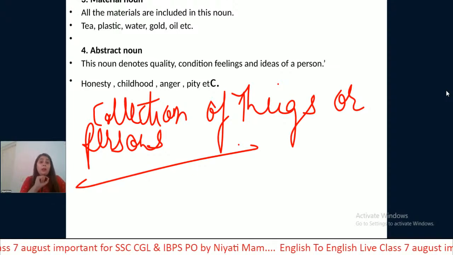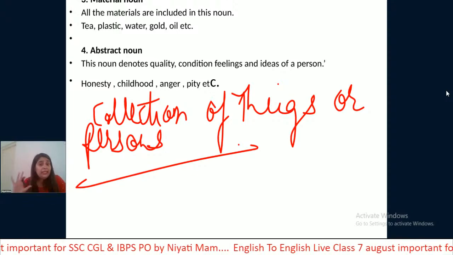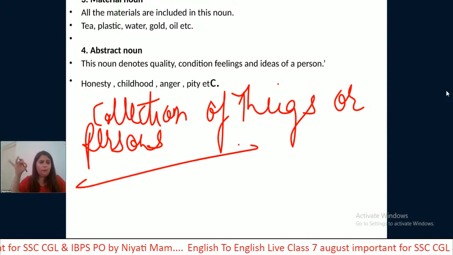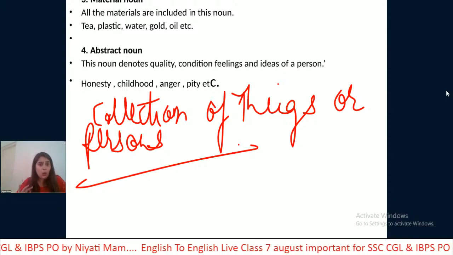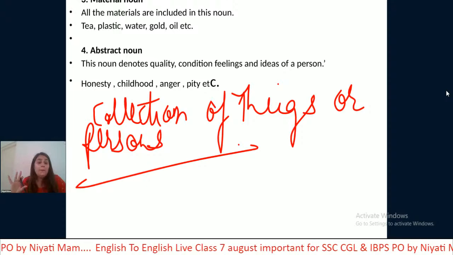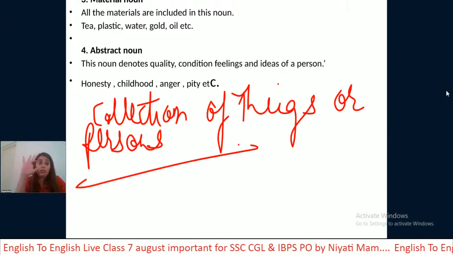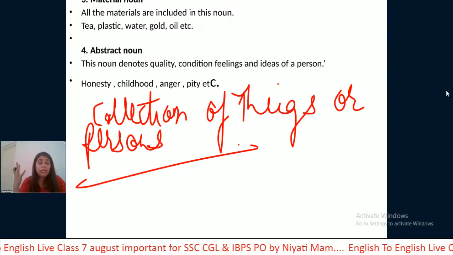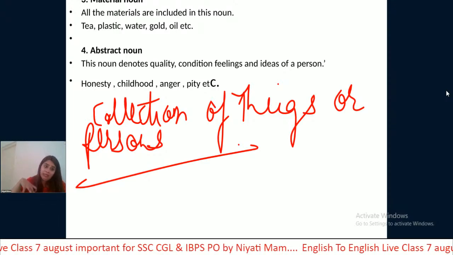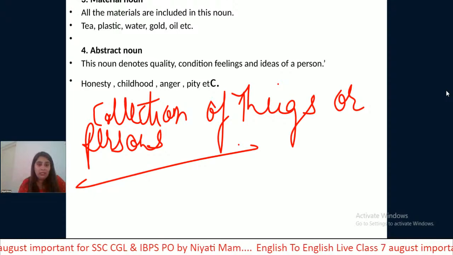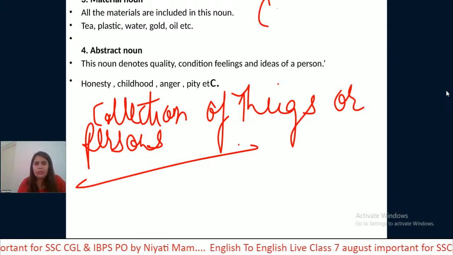Material noun. Any material present on the earth is called a material noun. What I'm saying is, all the materials, all the stuff from which things are made, are called material nouns. Everything is included in material noun.